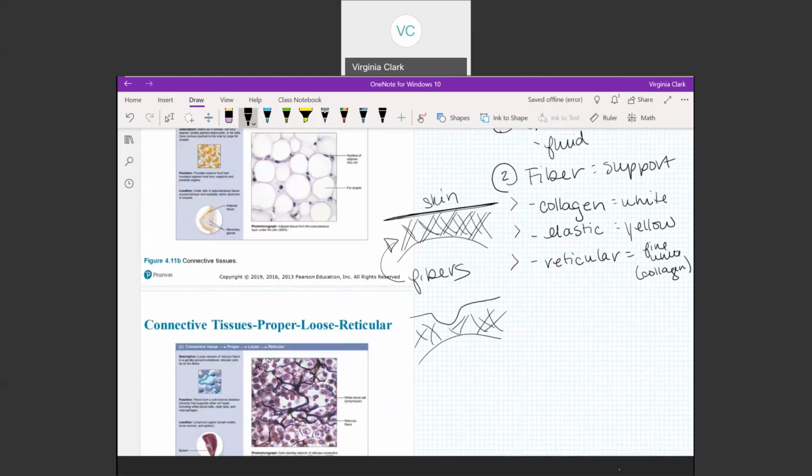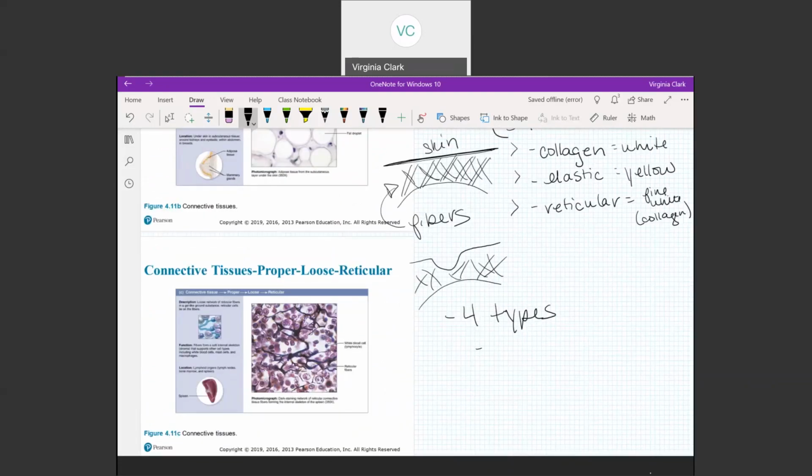So with this connective tissue, there are 4 types or classifications of connective tissue. The first one is going to be connective tissue proper. And this is going to be the ones that have all of these mechanisms, have all of these pieces, are very easy to see as connective tissue.